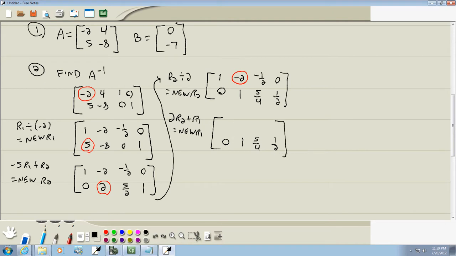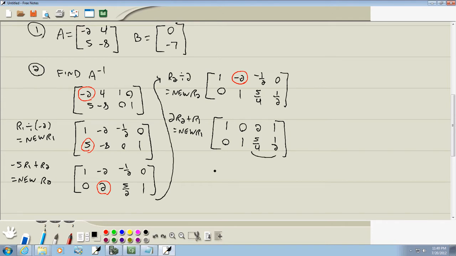Okay, so 2 times 0 is 0 plus 1 is 1. 2 times 1 is 2 plus -2 is 0. 2 times 5/4 gives us 5/2 minus 1/2 gives us 4/2 or 2. Let me think that through. Okay, 5/2 minus 1/2, that's right. 2 times 1/2 is 1 plus 0 is 1.